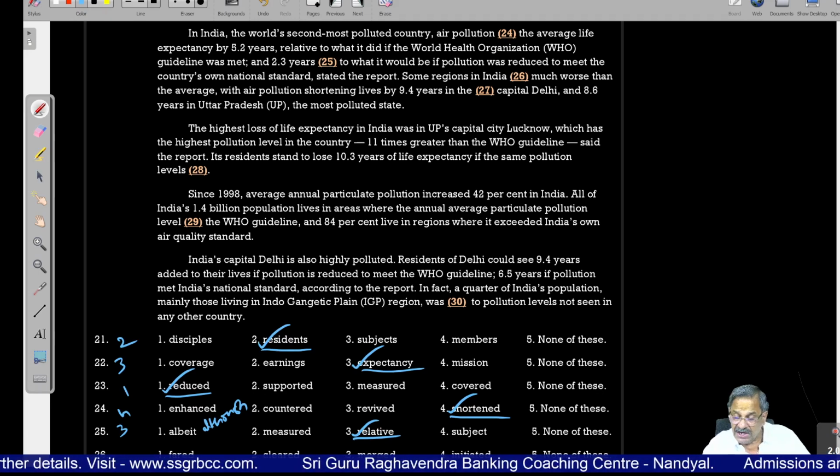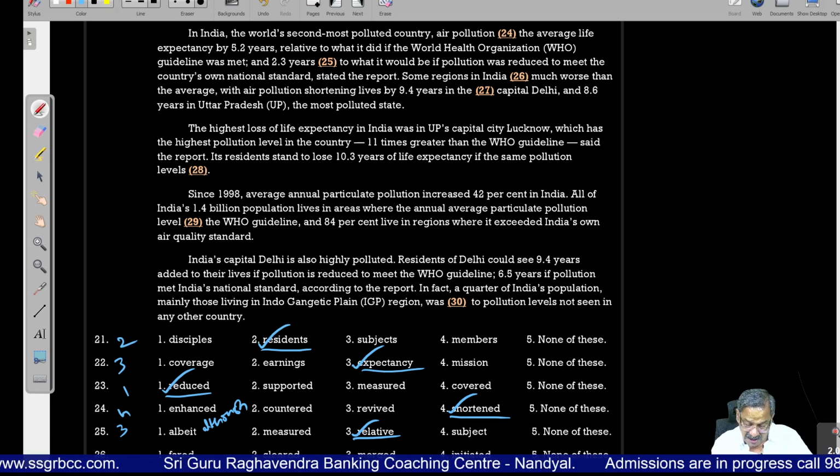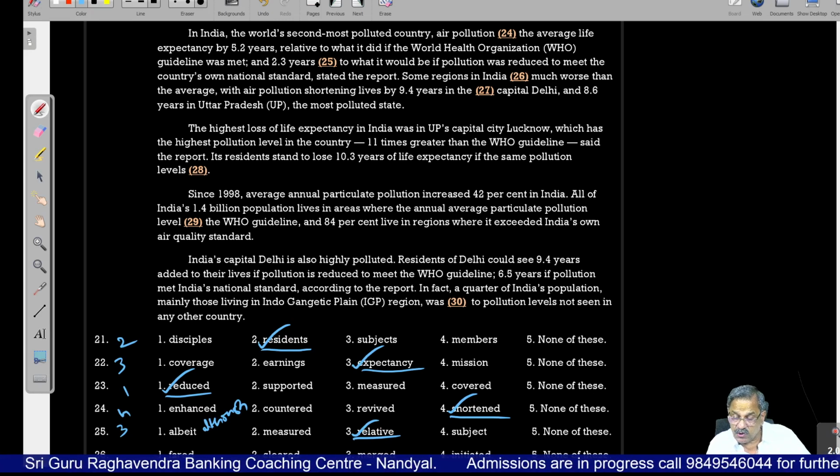Some regions in India dash much worse than. Some regions in India fared, cleared, merged, initiated, much worse.